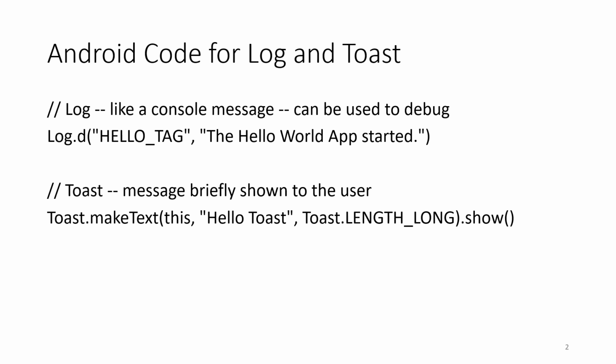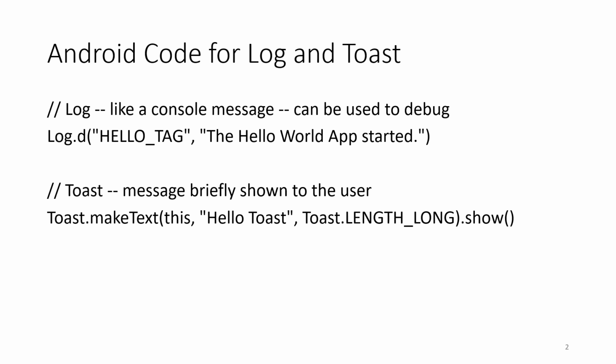The first is a context, and we like it when we can get away simply with the word this. The second is the message that you want displayed, so we're just going to show a simple hello toast.